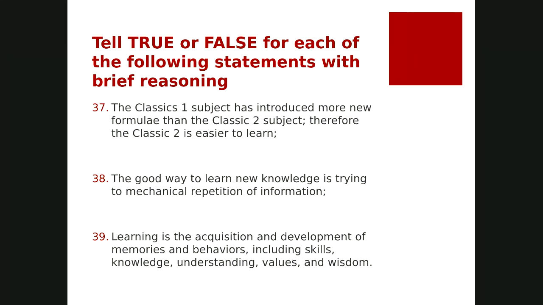Otherwise, Classics 1 is very simple. But Classics 2 makes us so frustrated. Too many new formulae. The concept is not complicated, but how are we going to memorize them? That's why there's a question: how many should we know? Don't worry. Life is very easy for us living in Australia.